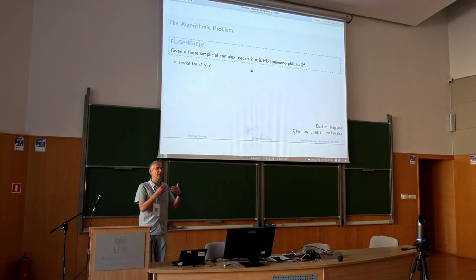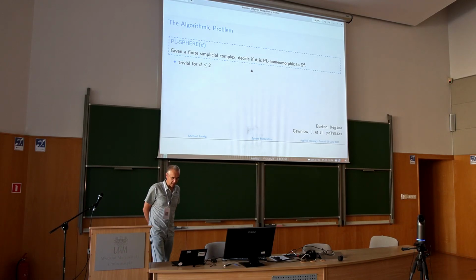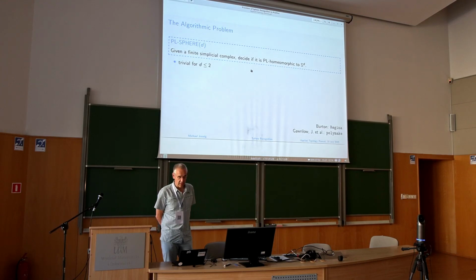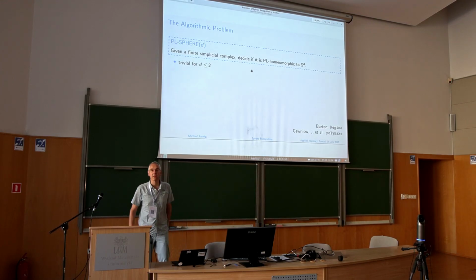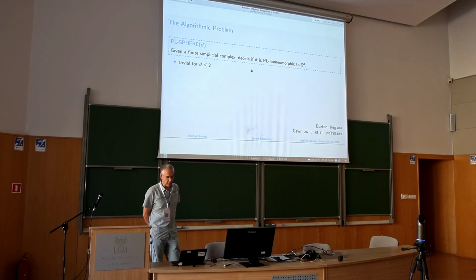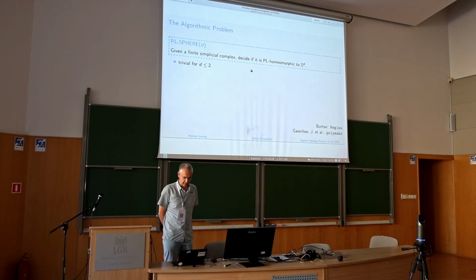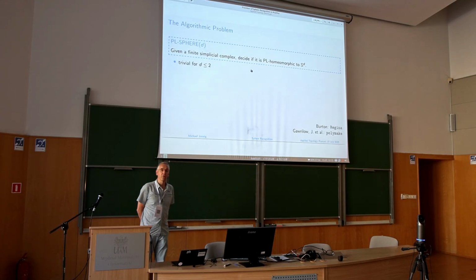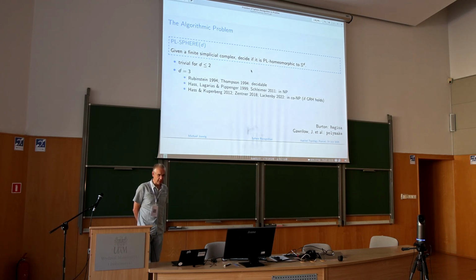If you translate it to what Karim said, you can also ask, is there a sequence of these bistellar moves from your simplicial complex to the boundary of the standard simplex? This problem is trivial if you ask it for low-dimensional spaces. If you do this for the two-dimensional sphere or one-dimensional sphere, that's very easy.